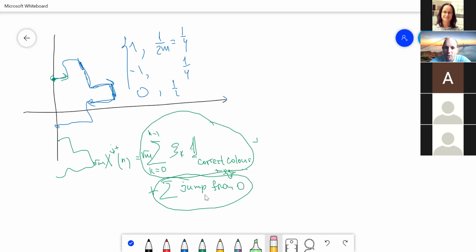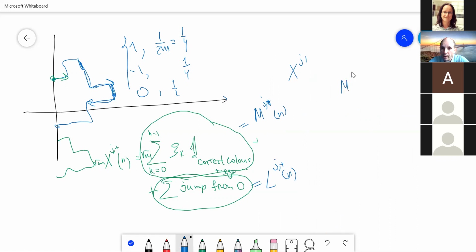So let me write. It can be proved that x_j, this part is M_j plus or minus of n, and this let me denote L_j plus or minus of n.